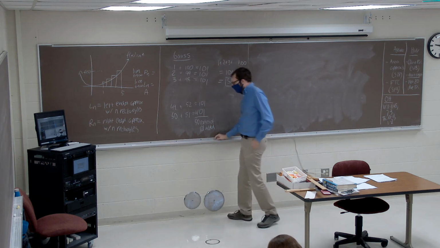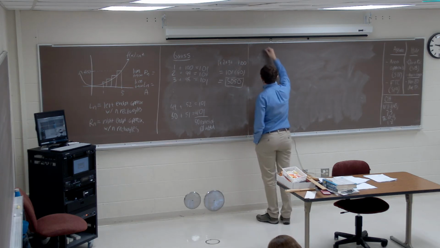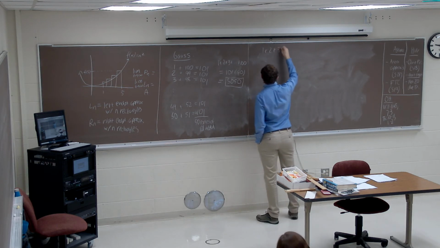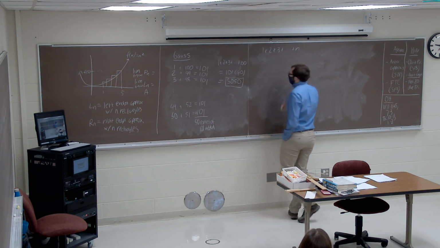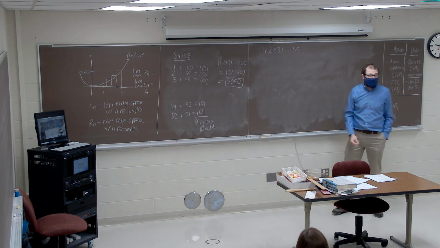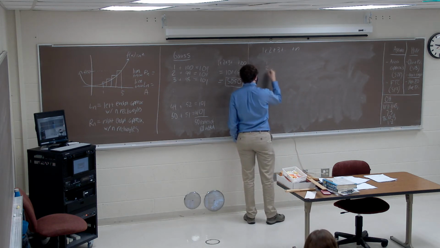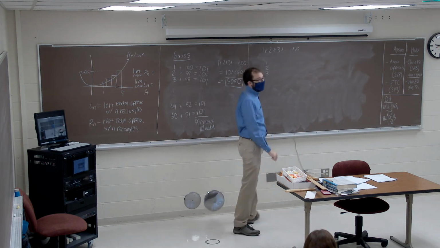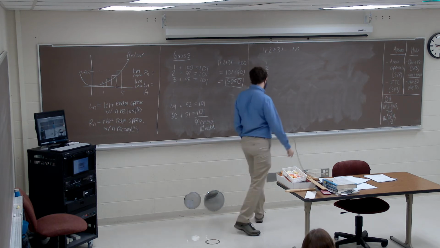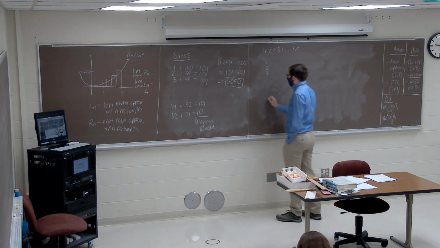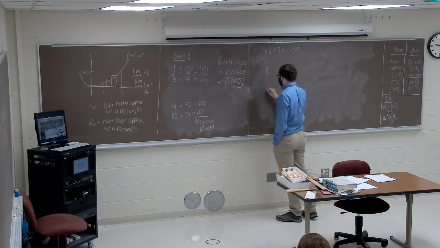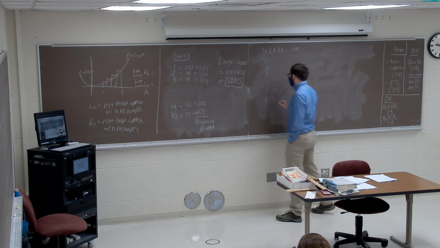If I gave you a sum of the form 1 plus 2 plus 3 all the way up to some n, what we could do is split the numbers up into 2 separate columns in the same way. We'll get 1, 2, 3, all the way down to n over 2.